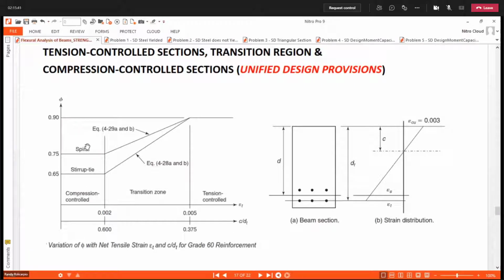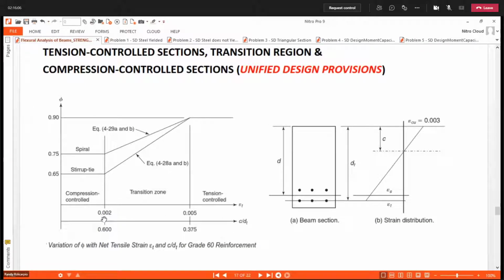Pero kapag circular yung ating section, kapag nasa transition zone siya, nagre-range yan between 0.75 to 0.90. So nasa within this range. So meron tayong equation para dito. I think yung susunod na slide, yun makikita natin.